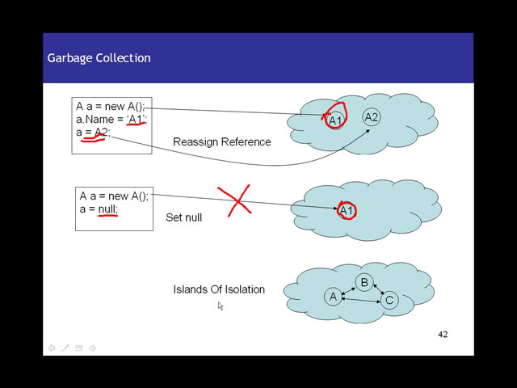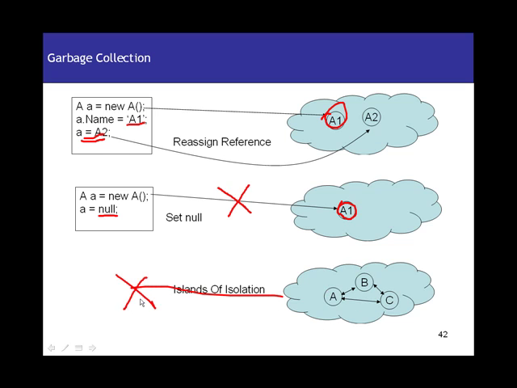Number 3, islands of isolation. This is actually interesting. Let's say there are 3 objects, and I can reach object A from object B, I can reach object B from object C, and I can reach object C from object A. So I have references between these objects, but ultimately there is no active reference to any of these 3 objects, A, B or C, in the stack.